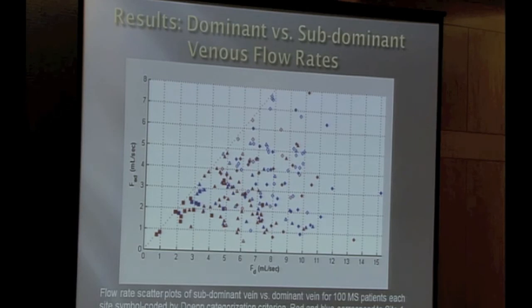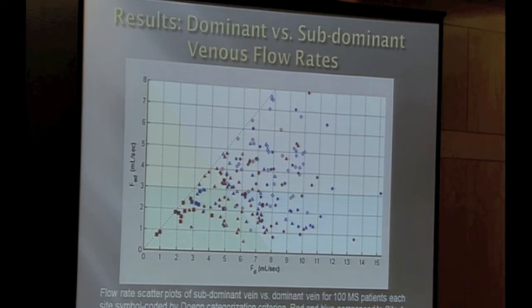So let's look at how that correlates with flow. If we look at constant flow of 8 milliliters per second or less, you can see almost every one of these people in the bottom left here are solid. They have structural abnormalities. If we look at the subdominant flow being less than 3 milliliters per second, again, almost all of these are solid.